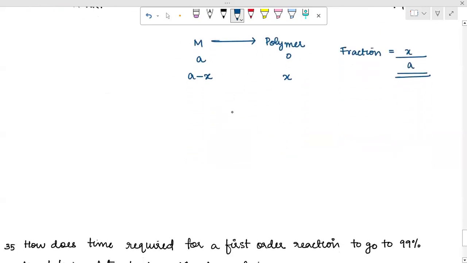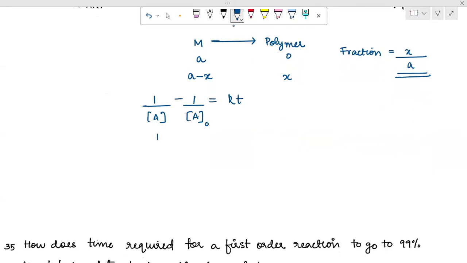It's a second order reaction, right? So for the second order reaction, what is the integrated rate equation? 1 by final concentration minus 1 by initial concentration is equal to K into T. Correct?